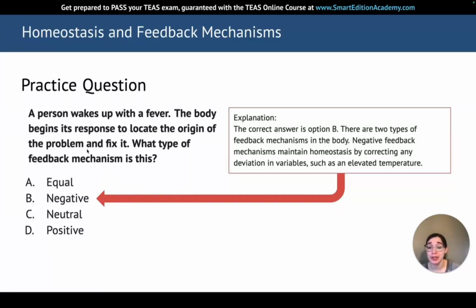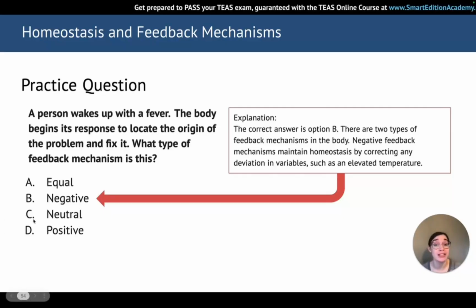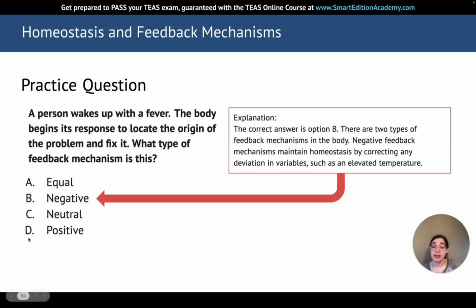It is trying to correct a deviation in a variable. In this case, like we've said, elevated temperature. Remember that there are only two types of feedback mechanisms in the body, negative and positive. So we can automatically eliminate option A and option C because those are not types of feedback mechanisms that we see in our human bodies. Positive feedback mechanisms, if you'll recall, are not homeostatic.